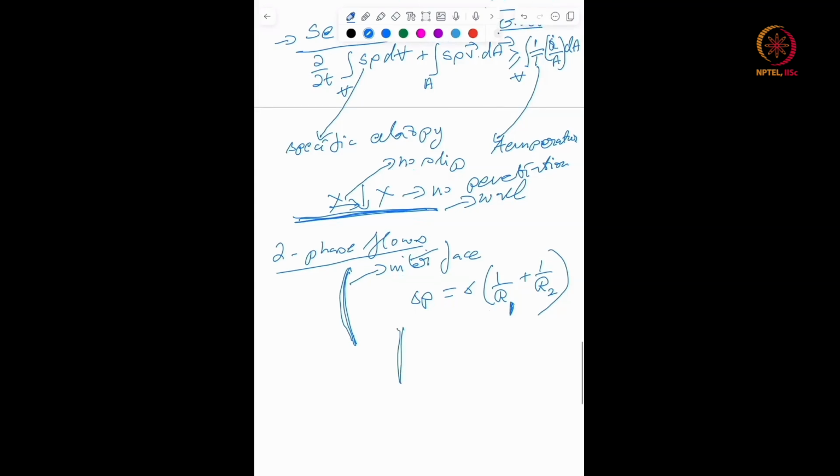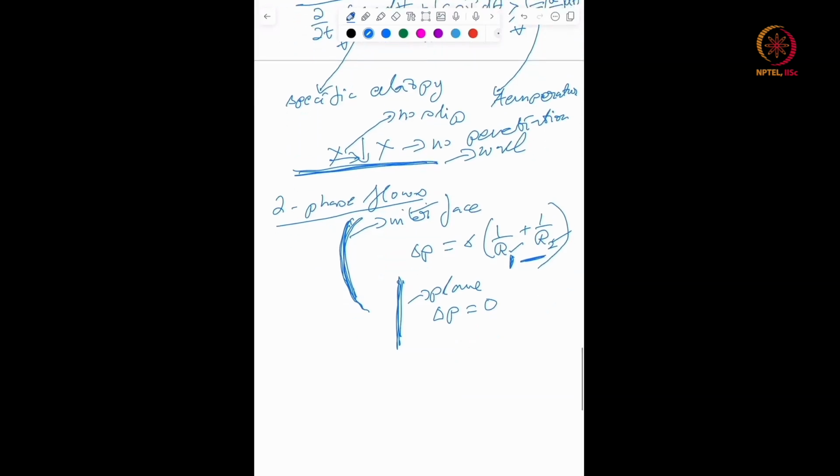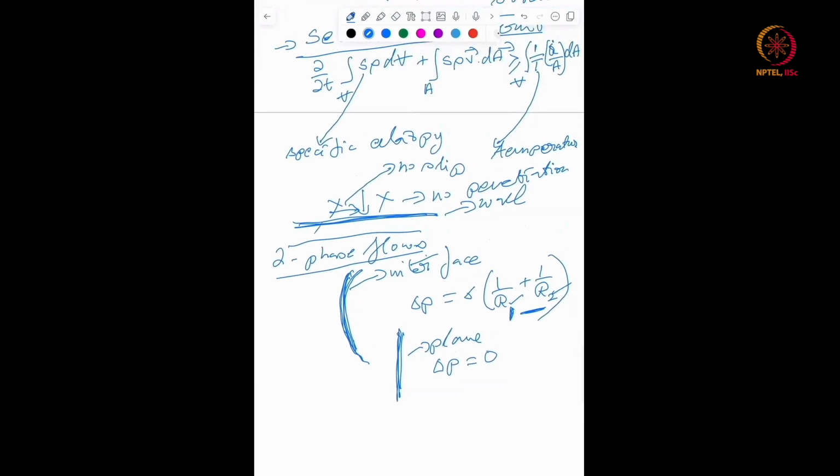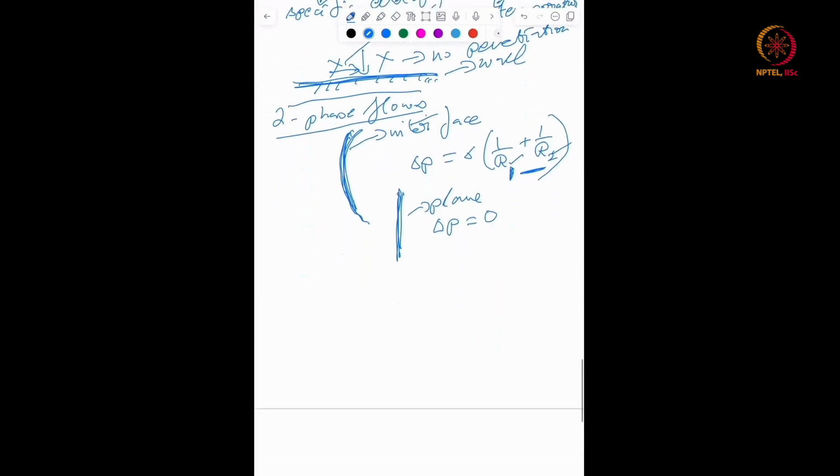So across a plane interface, delta P goes to 0. But in a curved interface, these two factors click in. Sometimes they can be equal as well. In that case, when they are equal, it is 2 sigma by r. Okay, so in two-phase flows, this is a customary thing that you do, and for a flow near a wall, there are other things that you do.